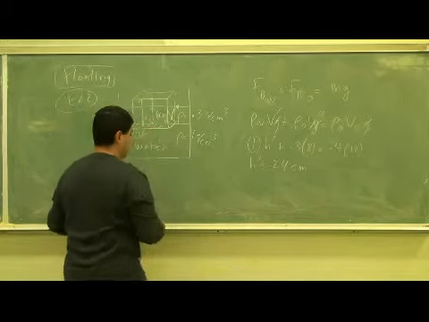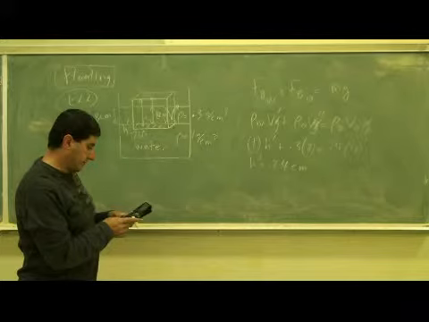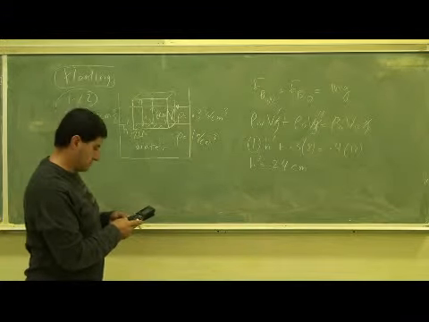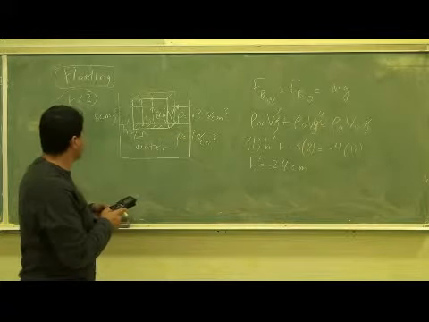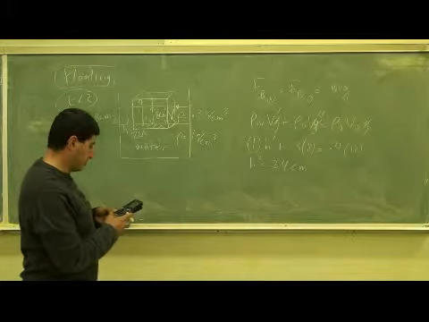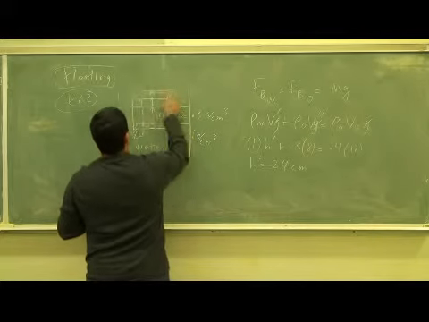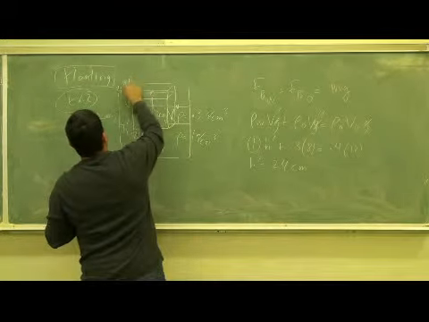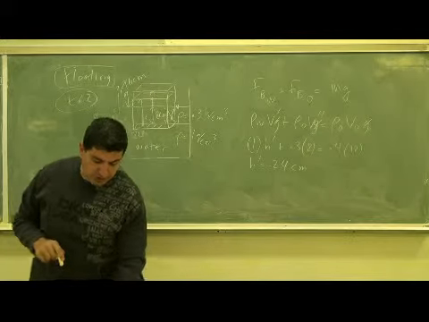How much of it is above? You would just do 12 minus 8 minus 0.24, which is 3.76 centimeters. So only 0.24 would be under in the water.